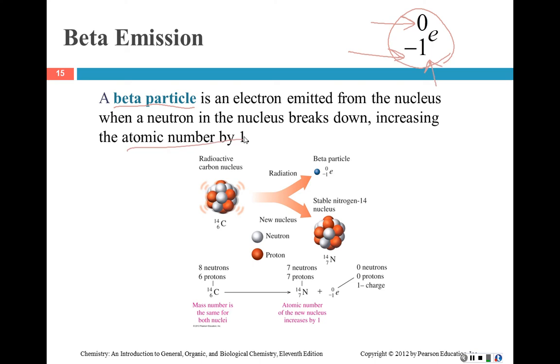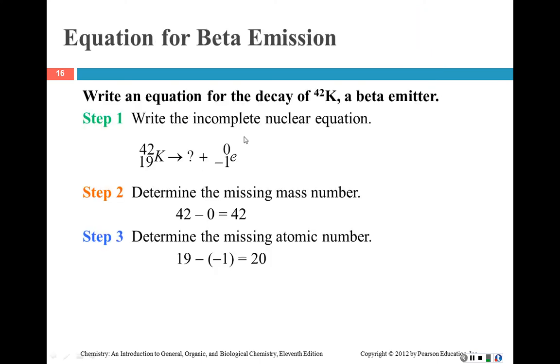Why is that? Okay, well, if you start out with 42 mass and 19 atomic number, and you're going to get rid of a negative, and remember back when we were doing charges, if you have gotten rid of a negative, what have you done? That electron has to go somewhere, and so if this is giving an electron to something, this number will now go to what? 20.